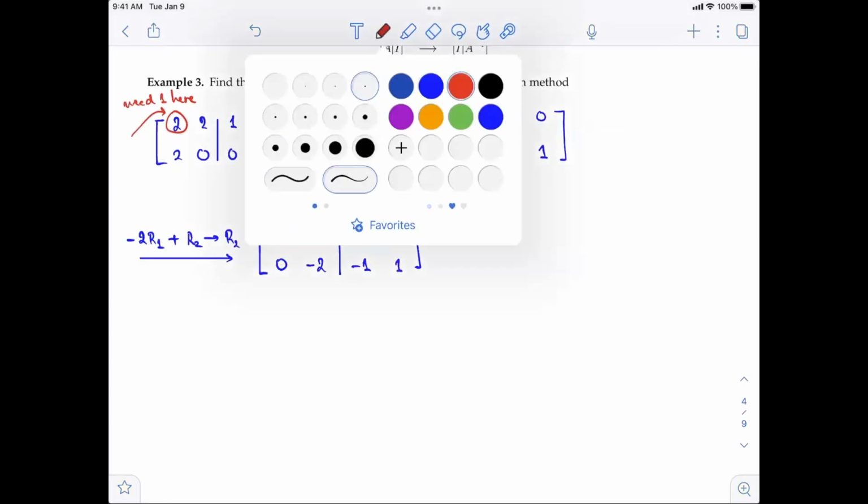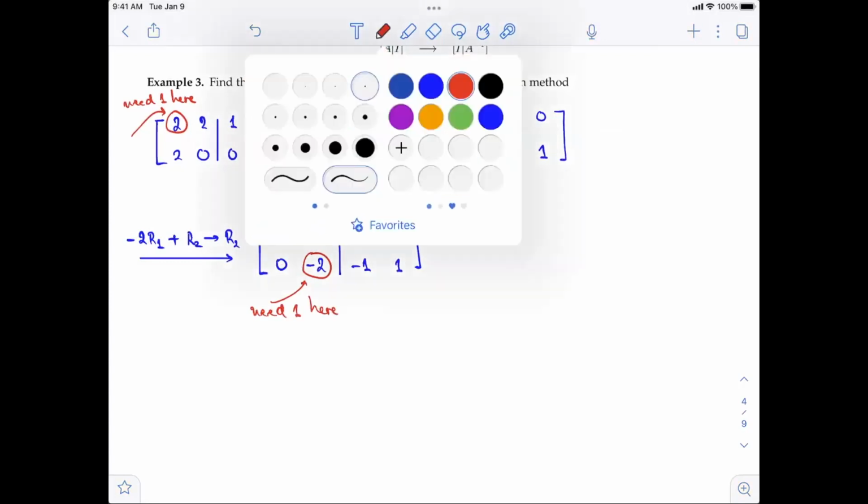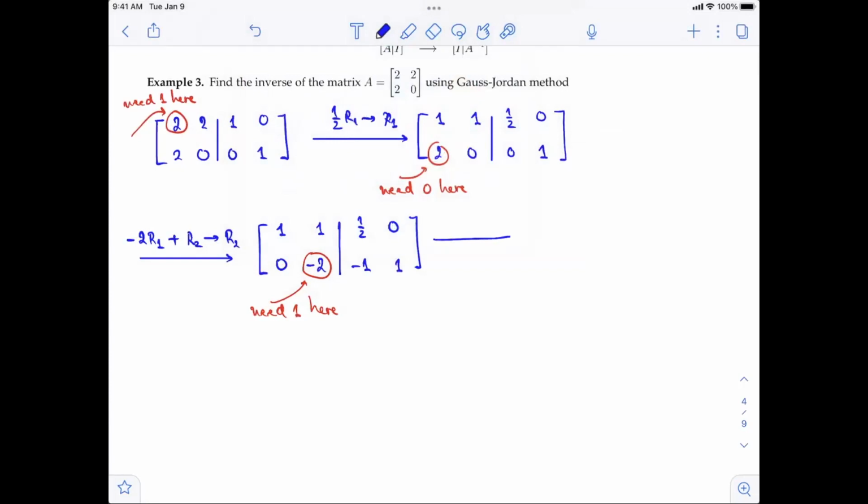So you need to find the leading one here. So I need 1 here. And to do so, I'm going to multiply row 2 by -1/2 to create a new row 2. Row 1 remains the same. Then row 2 becomes 0, 1, +1/2 and -1/2.